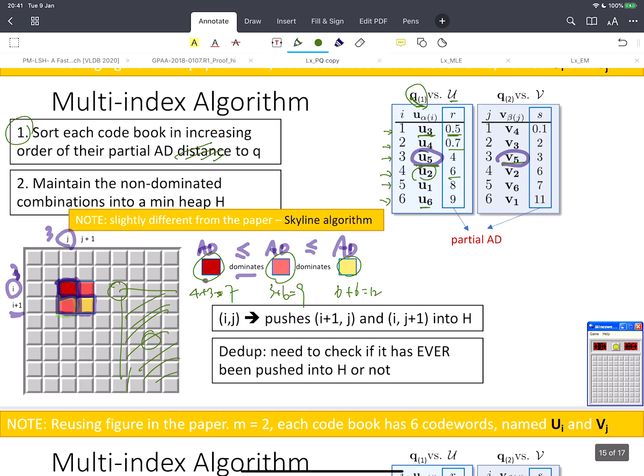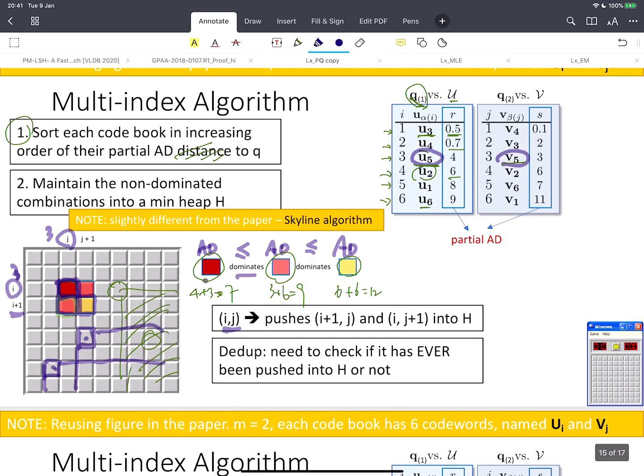Okay, but there are cases where, for example, if you consider this guy and this guy, they don't really have any dominance relationship. This guy dominates here, but you can't say which one is larger, hence which one dominates which one. So we only need to pay attention to the adjacent ones because essentially this enables us to do things incrementally.